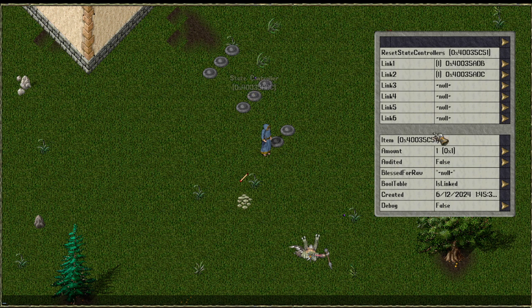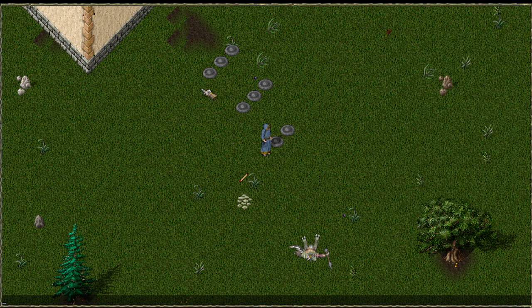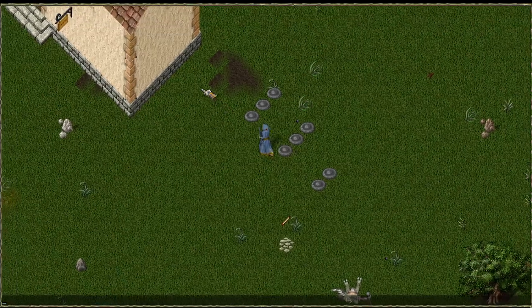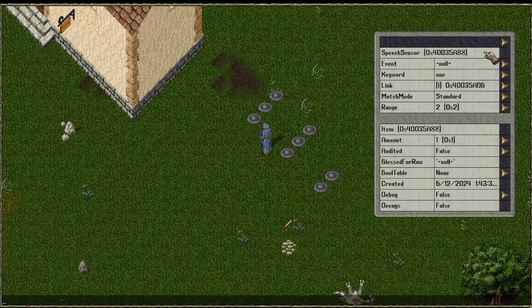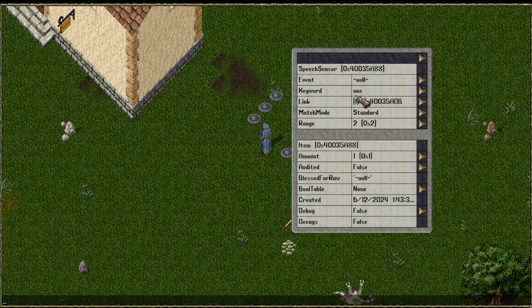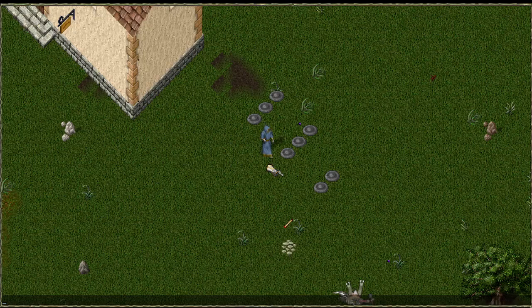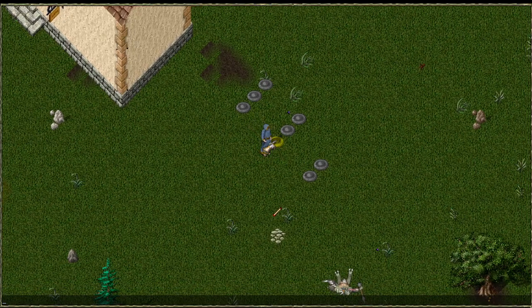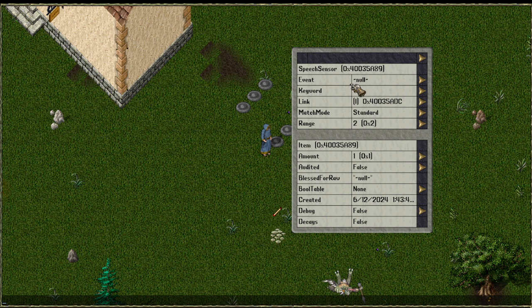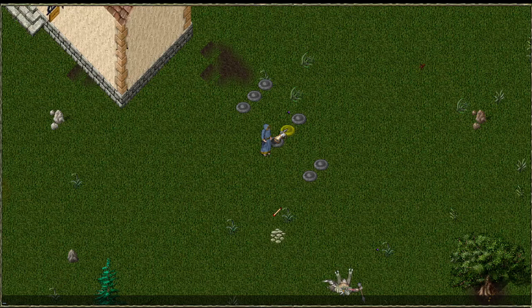Our quest is pretty simple here. Leg 1 is a speech sensor, and all I need to do is say the word 1 for our first leg of the quest. Leg 2 of the quest is very simple. I'm just going to say 2, and that'll set this state controller.